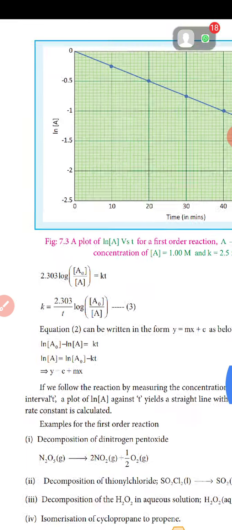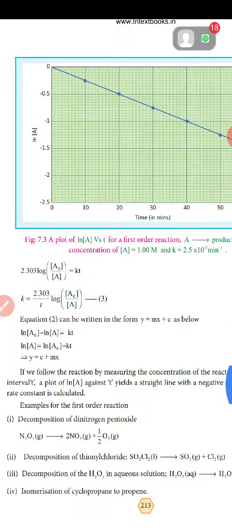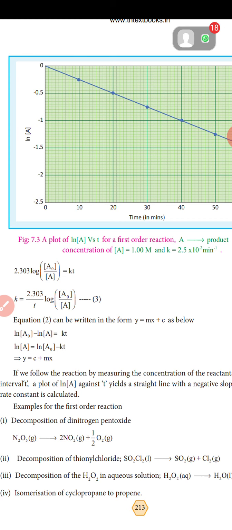So equation 2 can be written in the form y is equal to mx plus c as below. ln of A naught minus ln of A is equal to kt. So ln of A is equal to ln of A naught minus kt, which is y is equal to c plus mx.